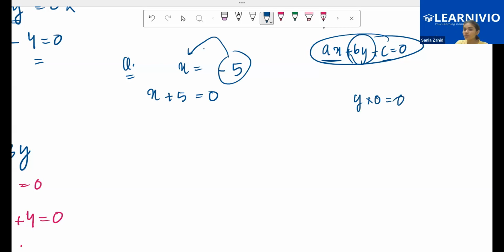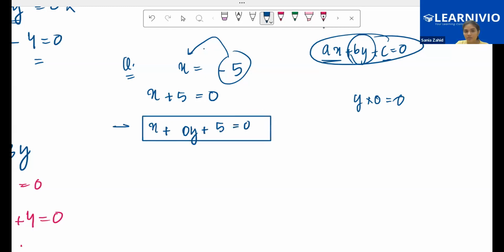So can I introduce a new term over here, 0y? Because 0y has no value. 0y means 0 only. But since the question was asking me to write it down in the format of a linear equation in two variables, I can introduce a new term as well, which will have no value. So my answer becomes x plus 0y plus 5 is equal to 0. Okay, this is my answer now.